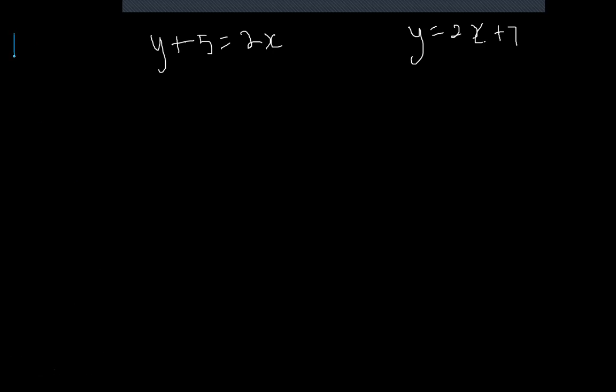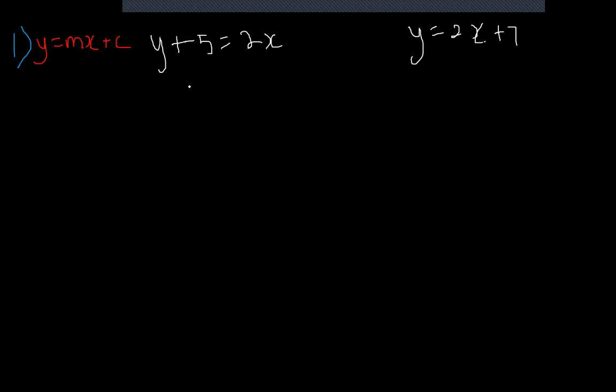The first step is to write it in the form y is equal to mx plus c. We could tell that this one over here is already in that form, so no need to do anything with it. This one though is not in the form y is equal to mx plus c.